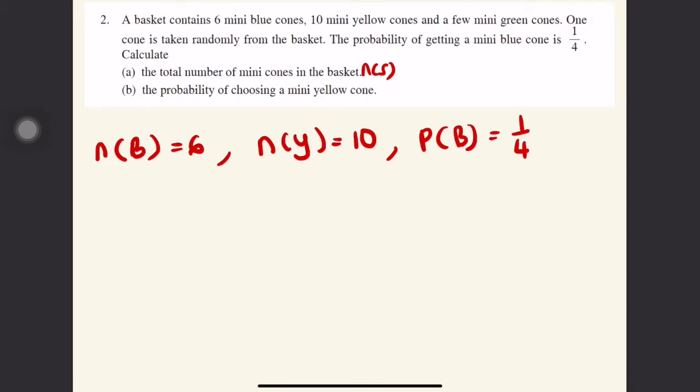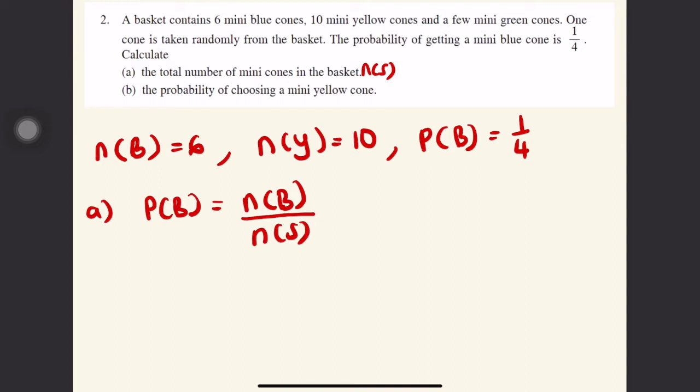So we know how to find the probability. The formula is P(B) is equal to number of B over number of sample space.